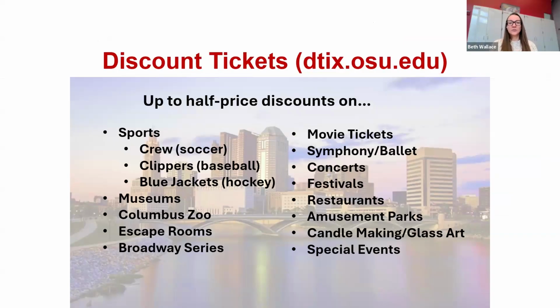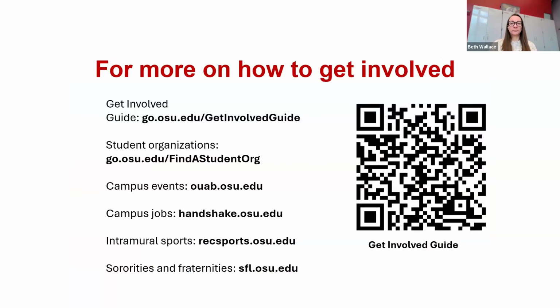So if there are tickets to a show you want to go to, a museum, or the zoo, you're able to get 2 tickets to any of these events at extremely discounted rates. You just have to apply online at dtix.osu.edu and then collect your tickets at the union and you're good to go. So just want to make sure you knew that was available.